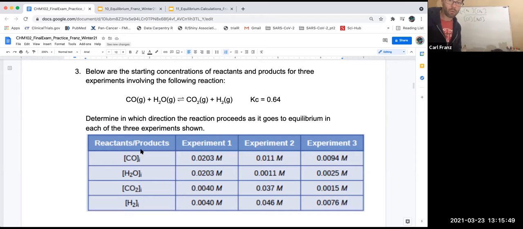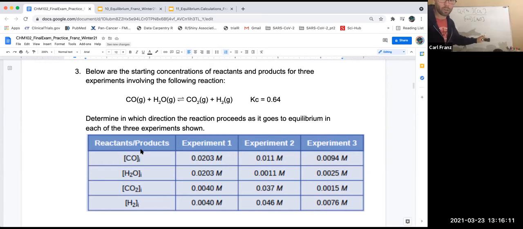So CO, oh, sorry, I think I wrote it as CO2, didn't I? Oh, no, it is CO2. CO down here is 0.0203.